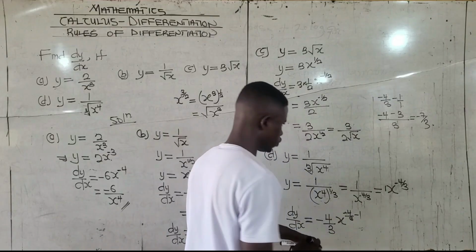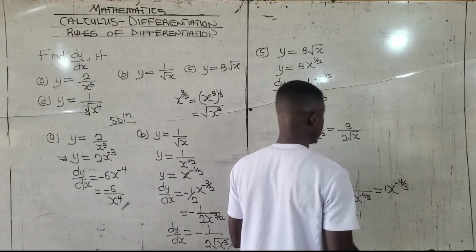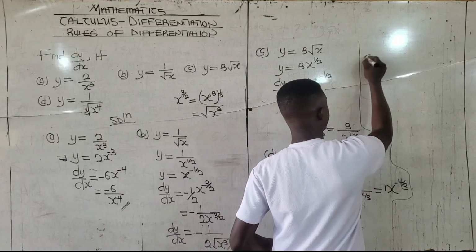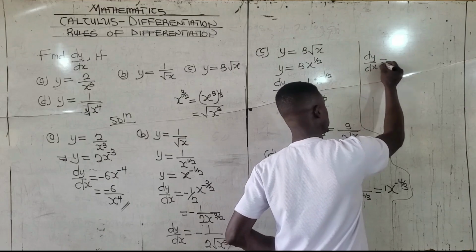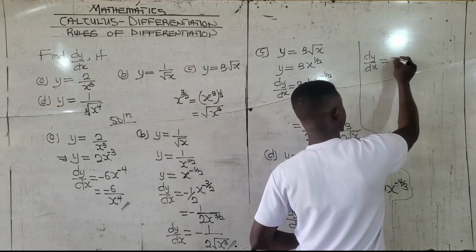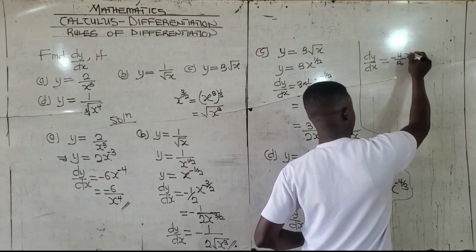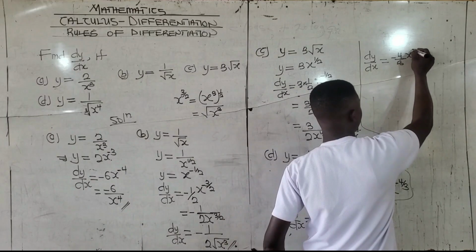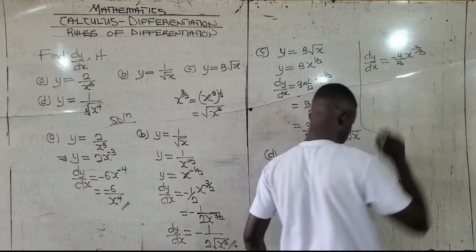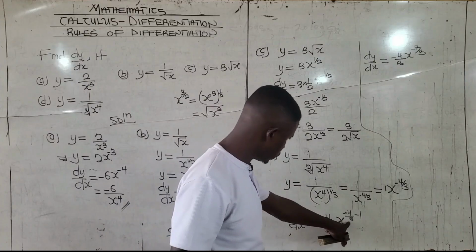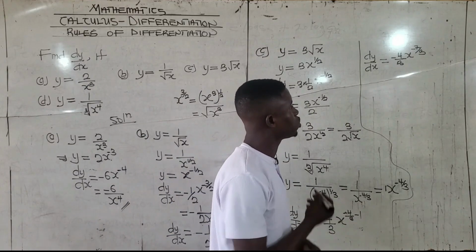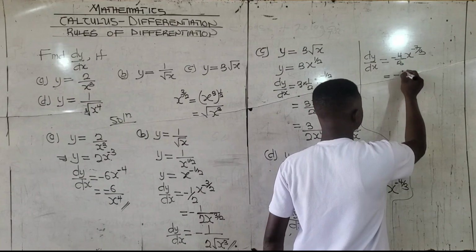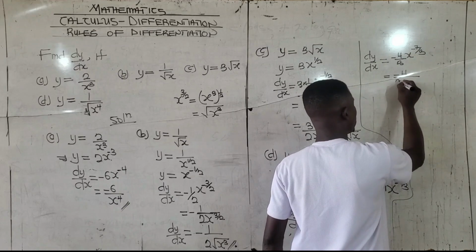Let me continue here. We have dy over dx equal to negative 4 on 3, then this is our x, and this x is to the power negative 7 on 3, which is the same as negative 4 all over 3.